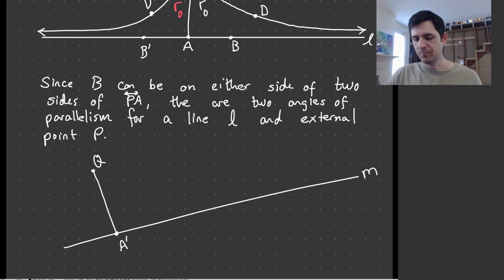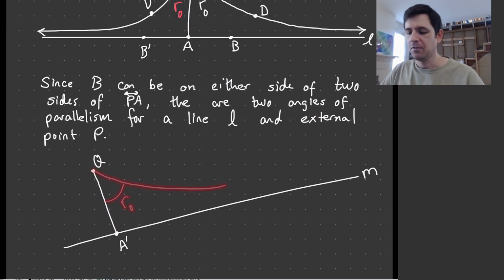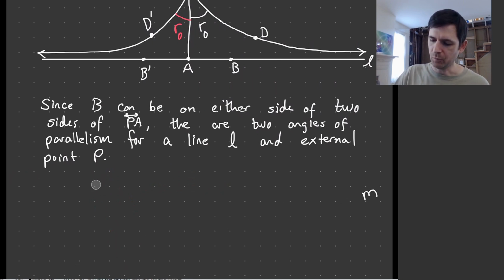So the measure of the angle of parallelism will also be R naught. And so the angle only depends on the distance. It doesn't depend on the line or the point, or you can move this around. It doesn't matter. It just matters how far you are. Okay? And so that we will prove next.